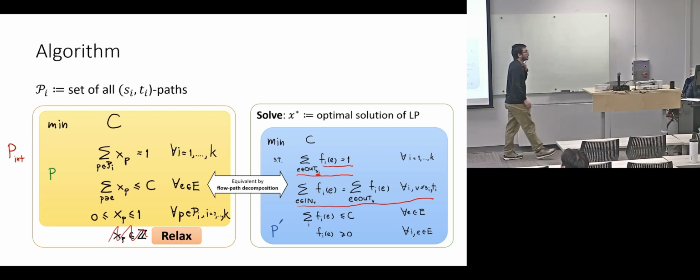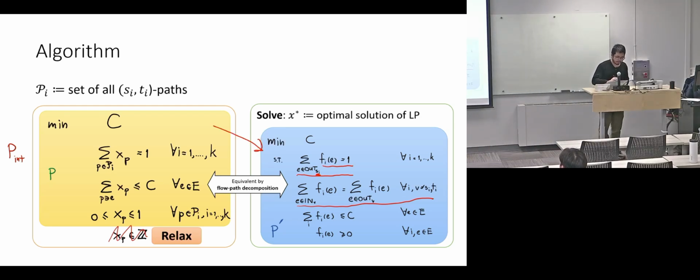And this direction is not too hard, right? Suppose that I choose a path from P1 and P2 and maybe P3 like this.